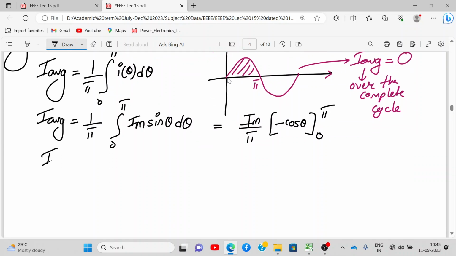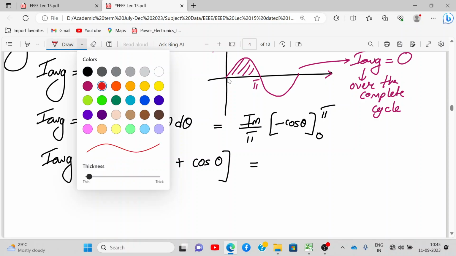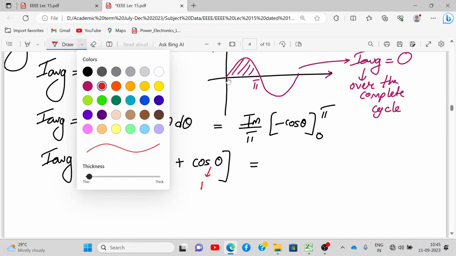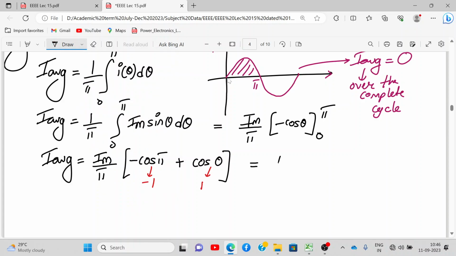Got it? So what will be I average over here? Im by pi, this will be minus of cos pi plus cos 0. What is cos pi? Cos pi is minus 1 and cos 0 is 1. So what do you get over here? Im by pi, this will be 1 and this will also be 1, so that will be 2. So it is 2 Im by pi.